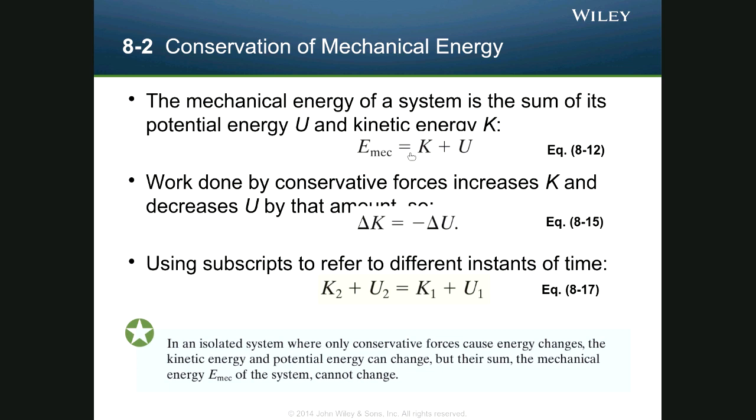We were able to show in our last slide that delta K plus delta U equals 0, and the implication there, of course, is that delta K equals minus delta U. And so we get this consequence of energy conservation, and we can see this result by just defining energy conservation and employing it.